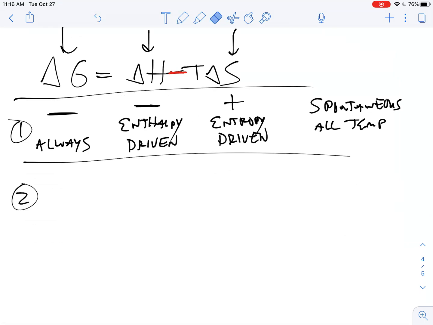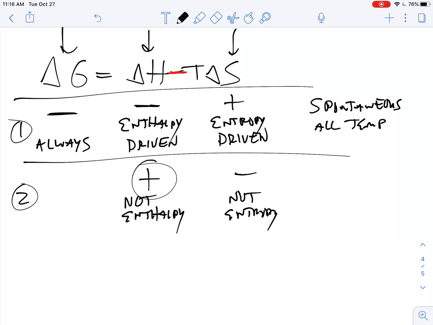Well, what if it were the opposite of that? If you had a positive delta H and you had a negative delta S, then this is not enthalpy driven. And this is not entropy driven.